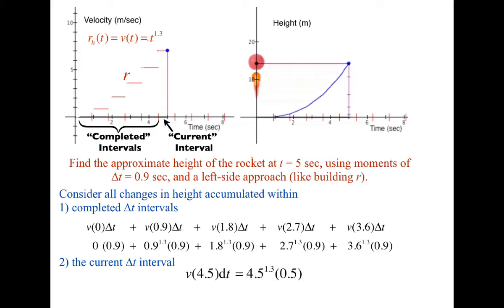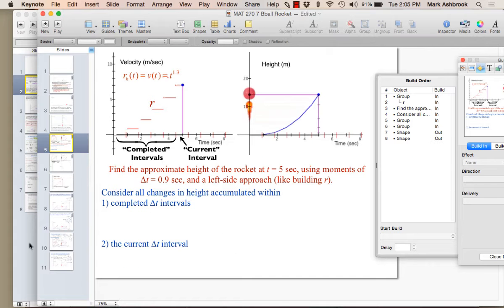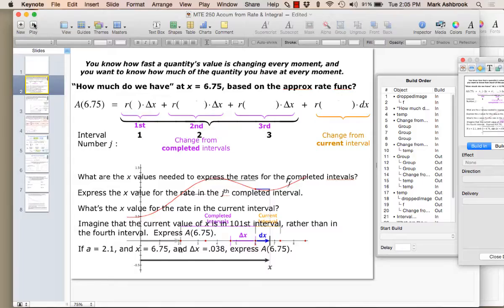So we're summing up all the accumulation from completed intervals plus the little more accumulation in the current interval.